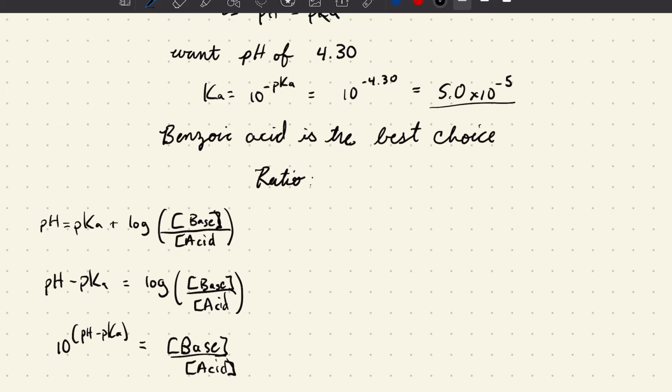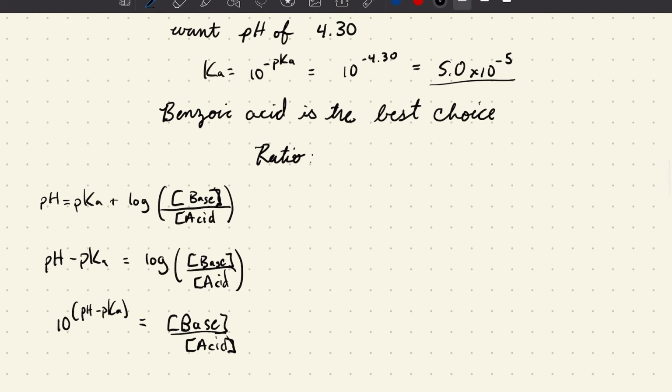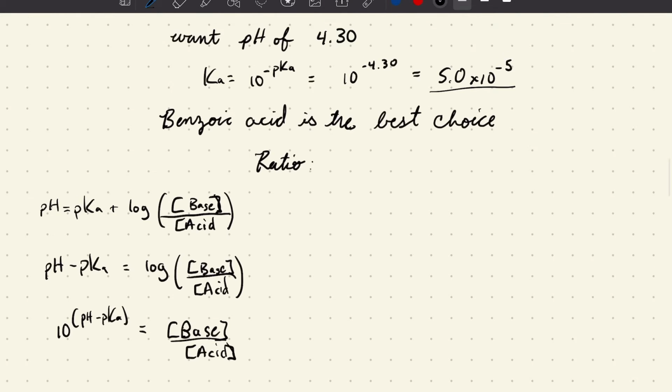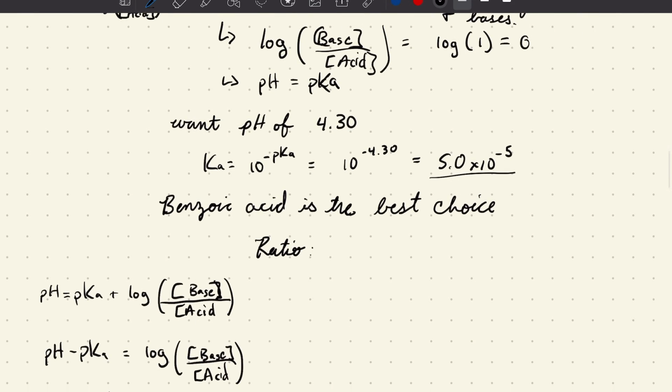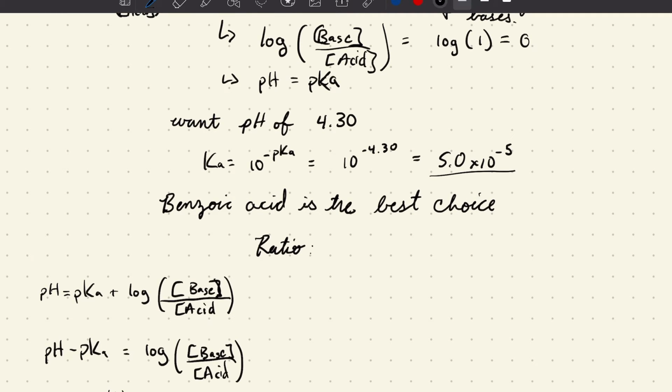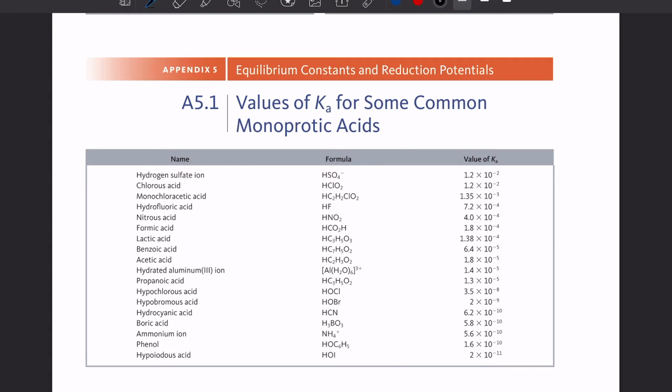In this case, we're going to take the pKa of benzoic acid, and that's going to be 4.19. You can do that math: you just take the Ka and take the anti-log of it.